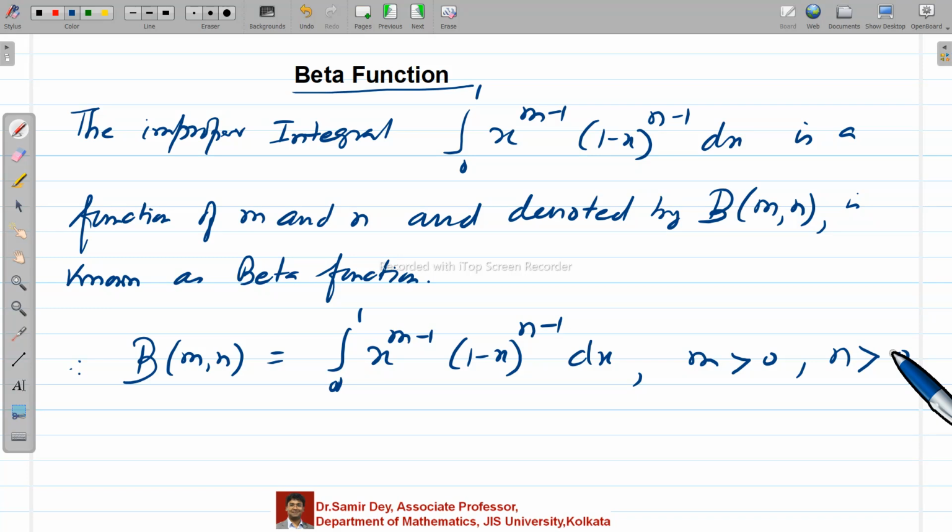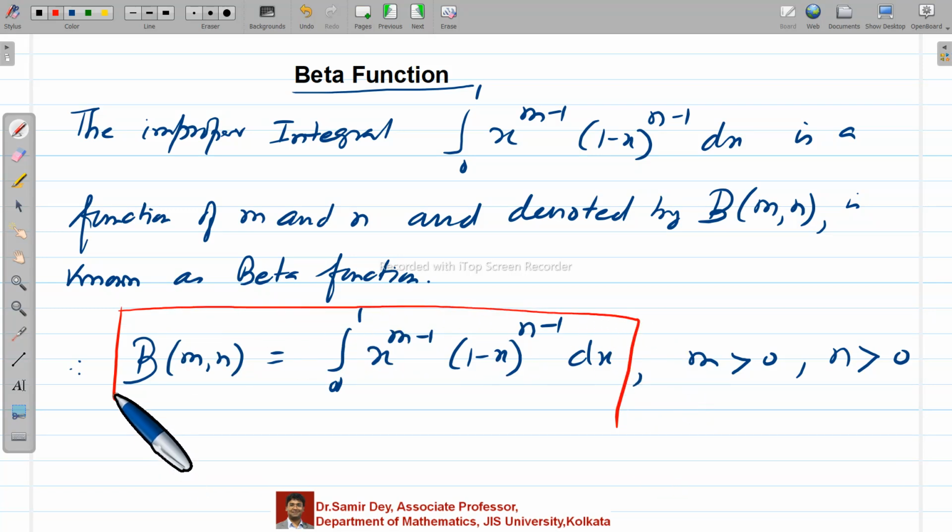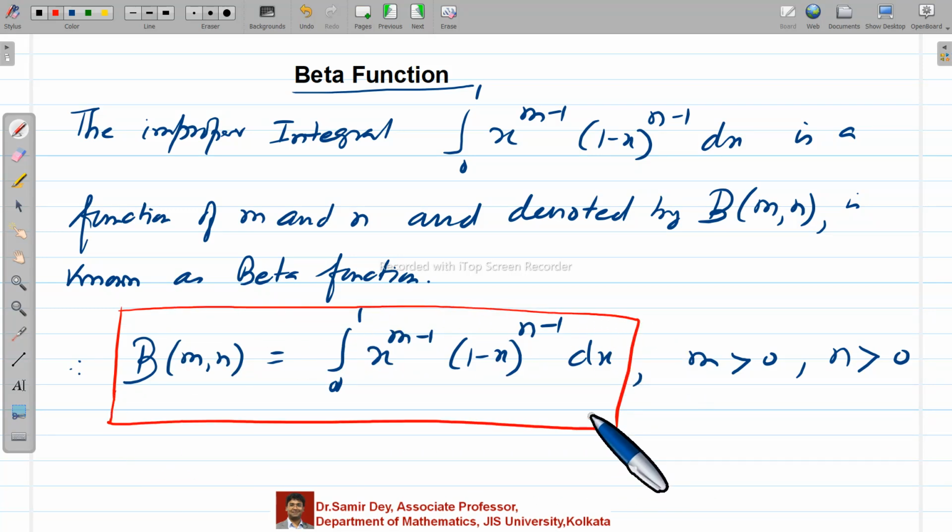Now write down another form of the beta function. This one is the notation, the presentation-wise form.